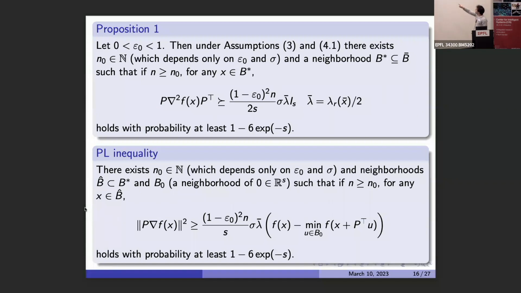It says that the norm of the gradient of the function restricted to the subspace, which is exactly P times the gradient, is greater than some constant times f of x minus the minimum value of the function restricted to the subspace. This is a straightforward corollary from proposition 1.